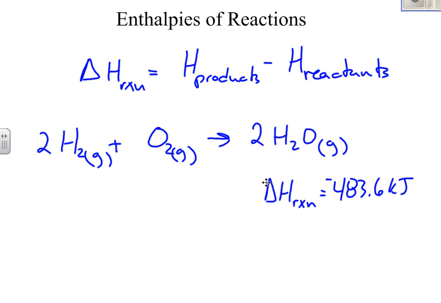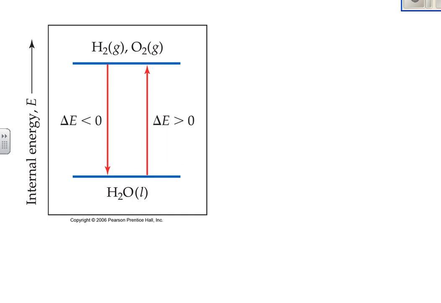Now, if we were looking at this from the standpoint of the beginning and final energy, let's take a look at what that chart would look like. We see in this diagram the energy level of the reactants up here, the hydrogen and oxygen gas, and our product down here, water.